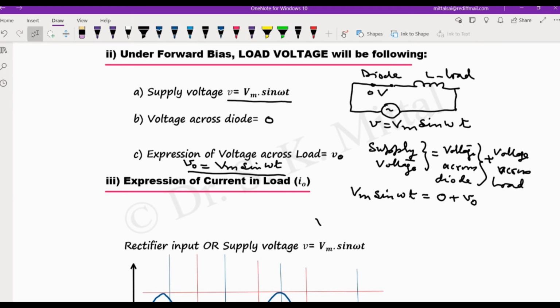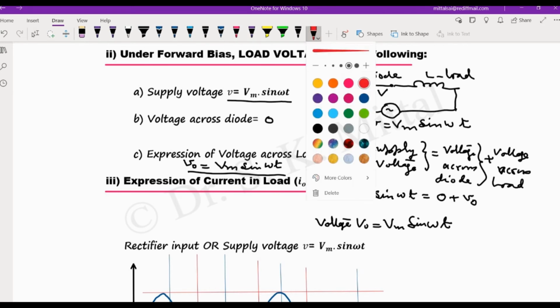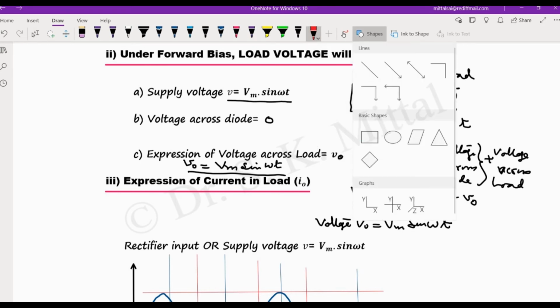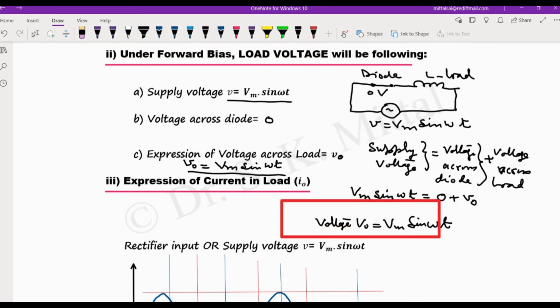Now here I can write voltage V0 is equal to Vm sin omega t further. So now here is the output voltage waveform expression.